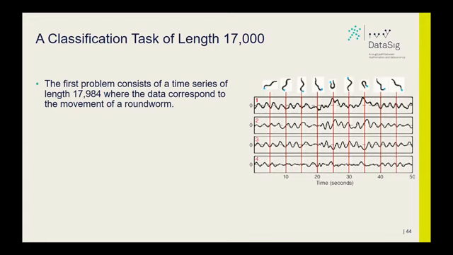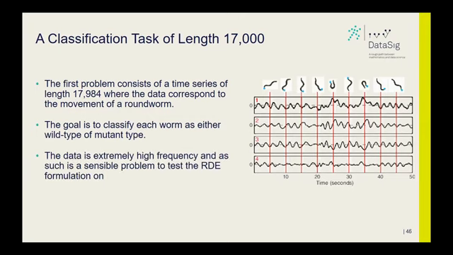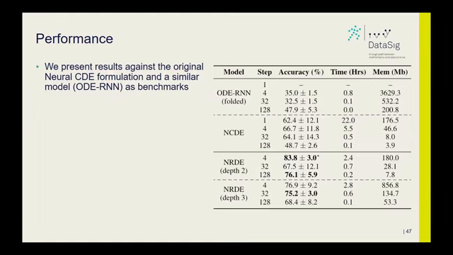What each of the features represent here is some indication of the movement of a particular species of roundworm, and the goal of the task is to classify the worm as a wild type or a mutant type. And so you can see an example of the data on the right. So it's quite rapidly changing. It's almost rough path-like in a sense. And so this makes it seem like this would be a particularly good problem to try the formulation on.